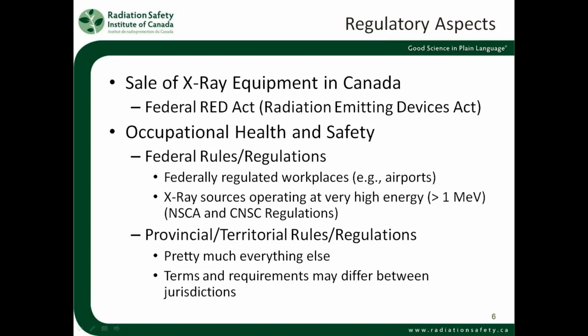For those that are not federally regulated workplaces, the provincial or territorial rules and regulations then apply. This really is pretty much everything that is not occupational health and safety related, unless it is a very high energy X-ray source, such as those operating at more than 1 MeV, in which case the Nuclear Safety and Control Act and the Canadian Nuclear Safety Commission regulations apply.